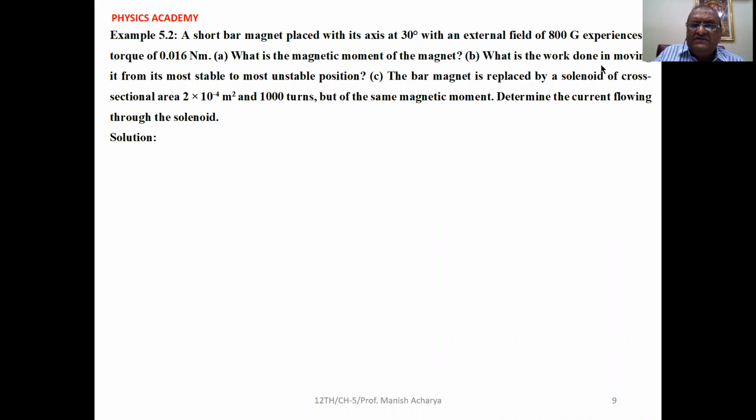B. What is the work done in moving it from its most stable to most unstable position? C. The bar magnet is replaced by a solenoid of cross-sectional area 2 into 10 raised to minus 4 meters square and 1000 turns, but of the same magnetic moment. Then determine the current flowing through the solenoid.